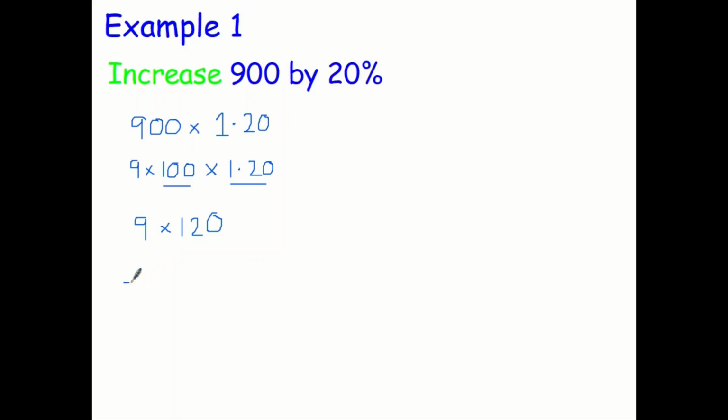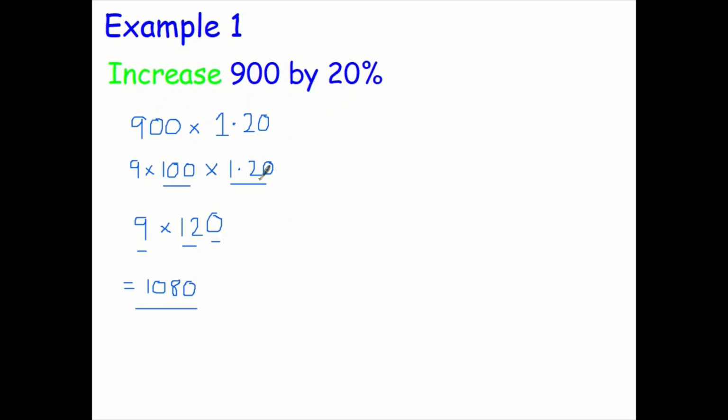And I know that 9 12s are 108. So I reckon, because of that extra 0, my answer is going to be 1080. So there we are, I've increased 900 by 20% using a multiplier like this.